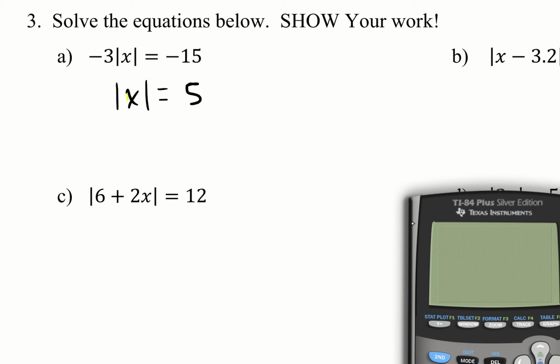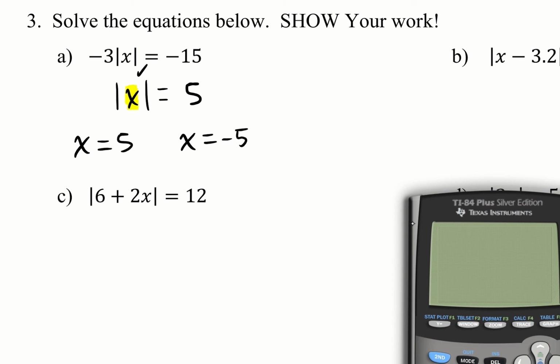There are two things that this x can be. Either it is the case that x is 5, in which case this works as a solution to the absolute value equation because the absolute value of 5 is 5. Or it could be the case that x is negative 5.